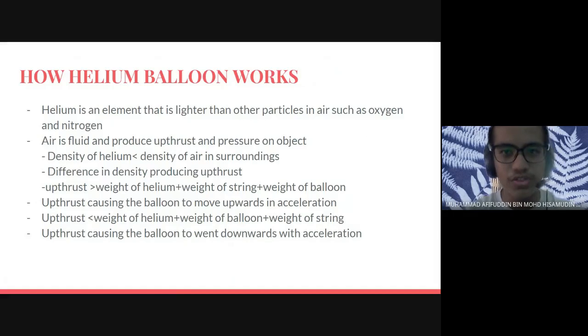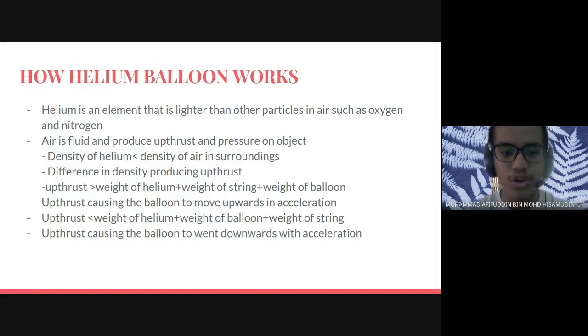Hydrogen can also be used, but helium is safer as hydrogen is more flammable than helium itself. Air, as I said before, is a fluid that produces upthrust and pressure on the object. So, as the density of helium is less than the density of the surrounding air, the difference in density, which is high, produces the upthrust.